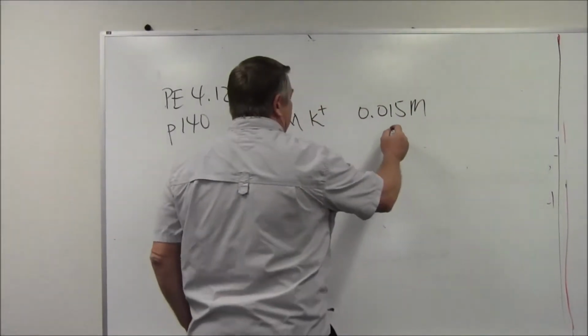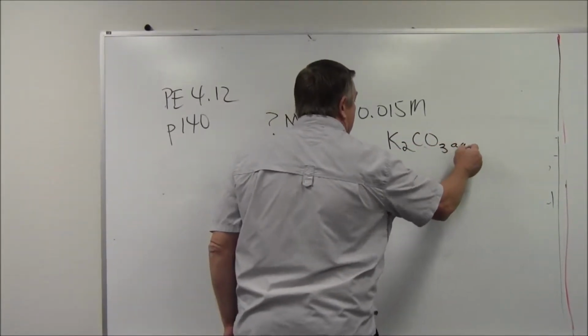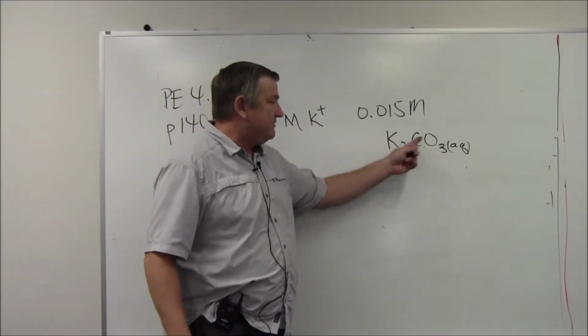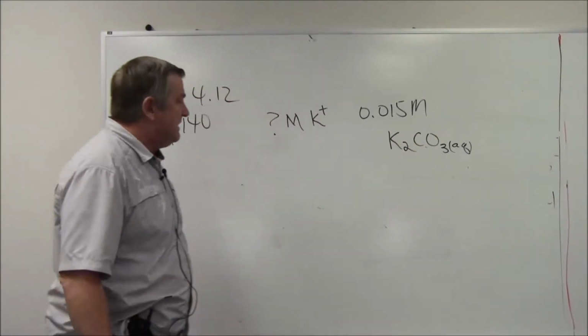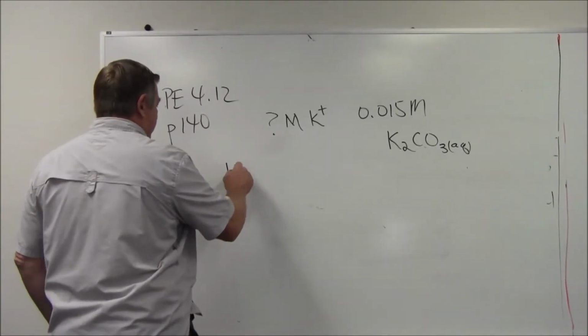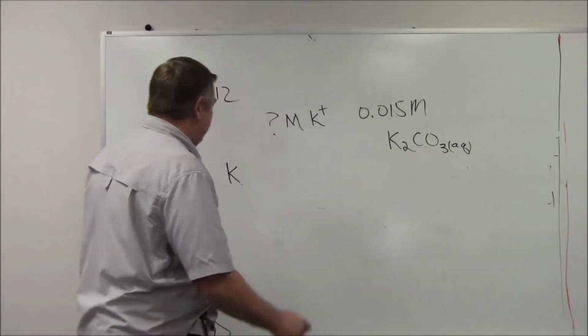Well, potassium carbonate is K2CO3, because there is a 2 negative on the carbonate, so it goes here, and this is a 1, parentheses 1. So here's how you do this one. This is a soluble salt, because remember, all alkali metal salts are soluble.